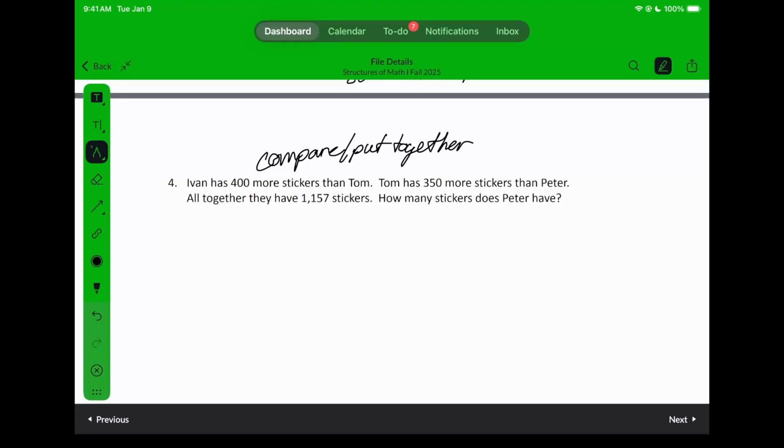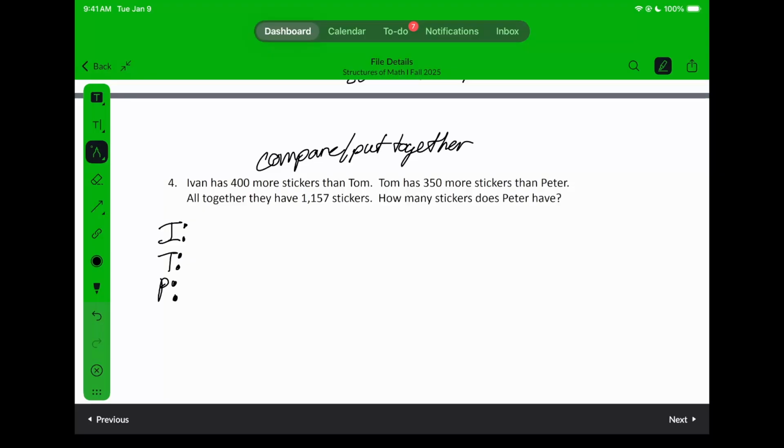So, now we can draw our strip diagram. We have Ivan, we have Tom, we have Peter. So Ivan has 400 more stickers than Tom.